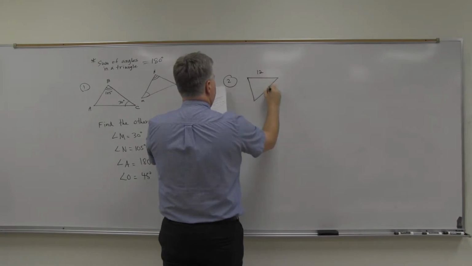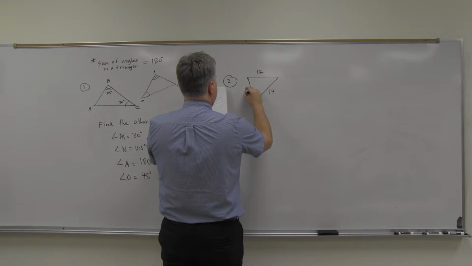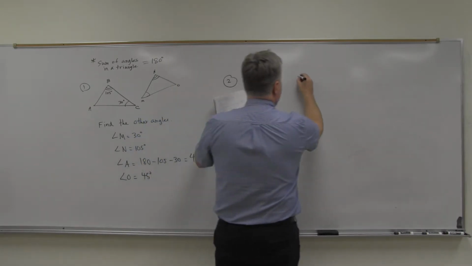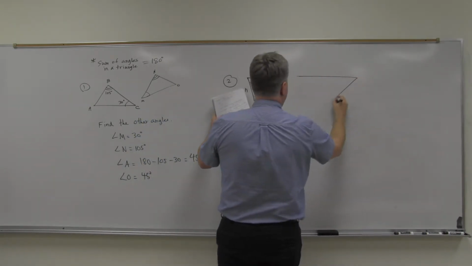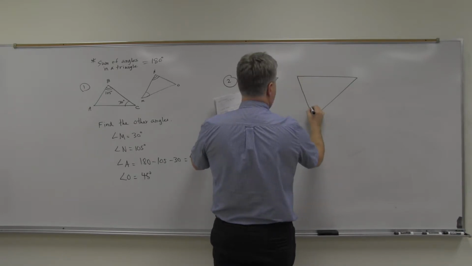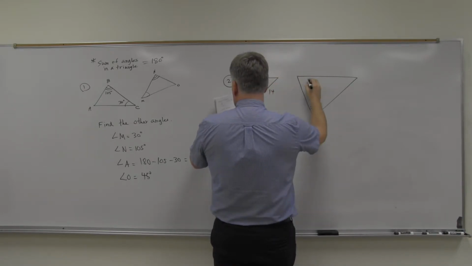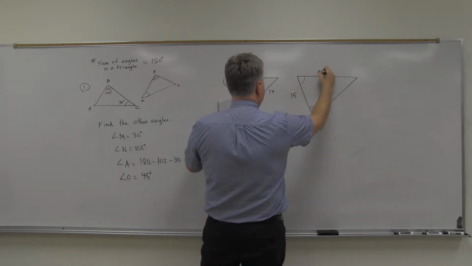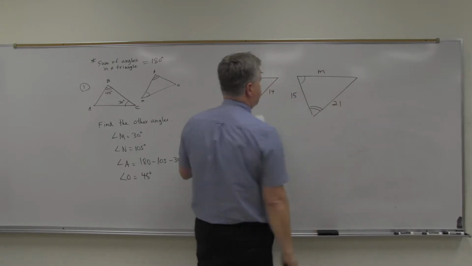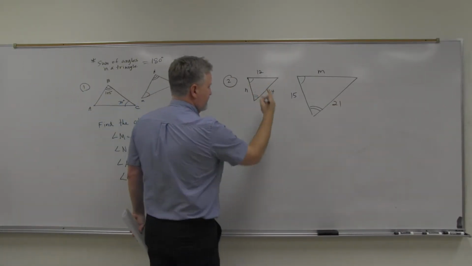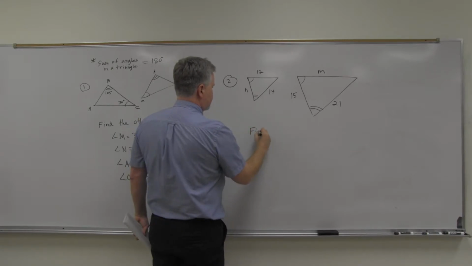All right, so this one's 12, this one's 14, and this one's N. Make a bigger one over here. Same shape, different size. So that one and that one. Say this one's 15, this one's M, and this one's 21. All right, so let's find the other sides there.